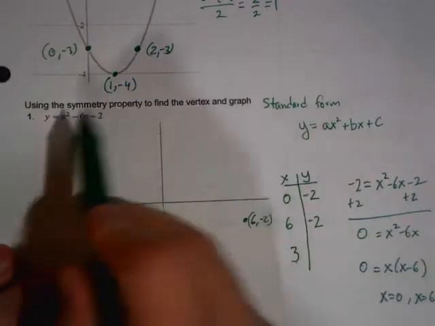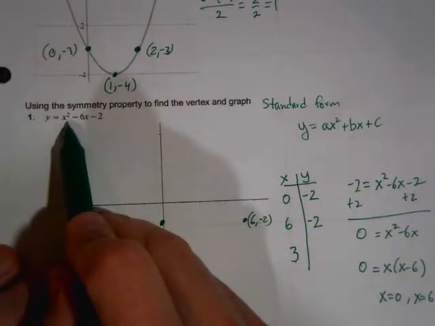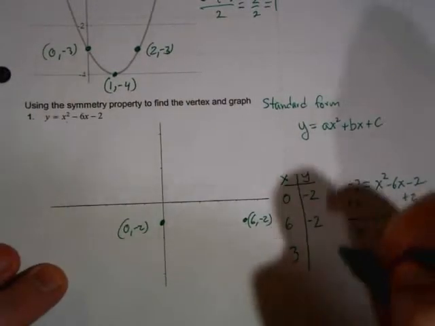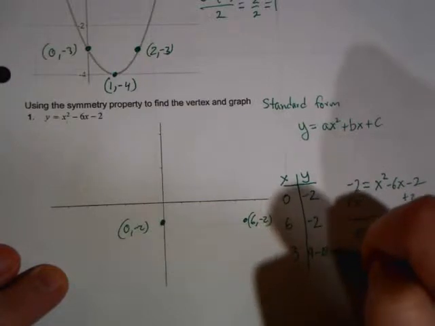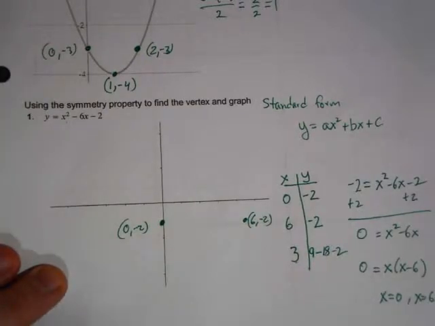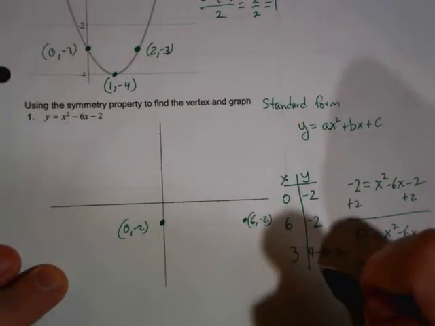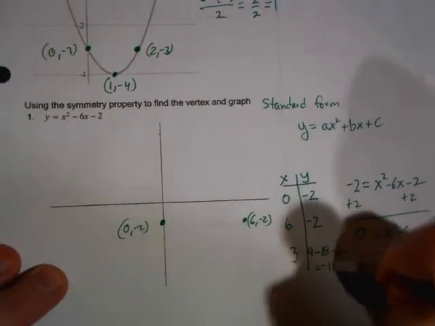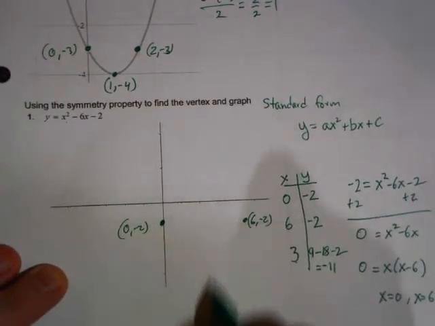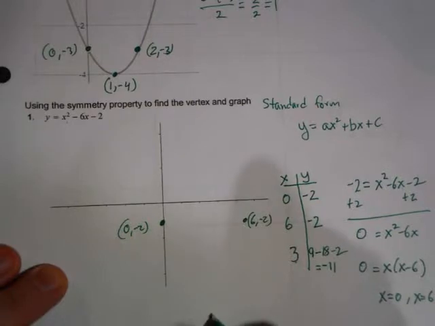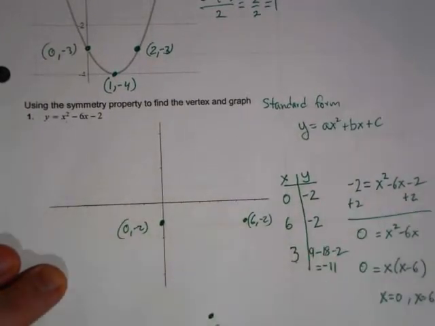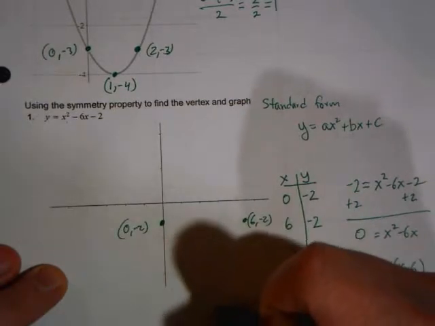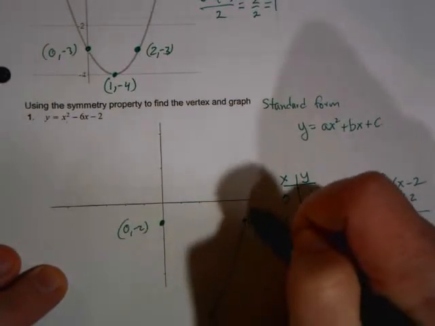I take 3 and I plug it in there. When I plug in 3, I get 9 minus 18 minus 2. That's -9 minus 2. That's -11. So I'm going to have the point 3 somewhere way down here, -11. And now I can draw my parabola. I know the vertex, the most important point, and I know at least one point on each side of the vertex.